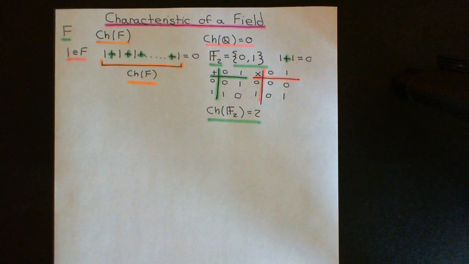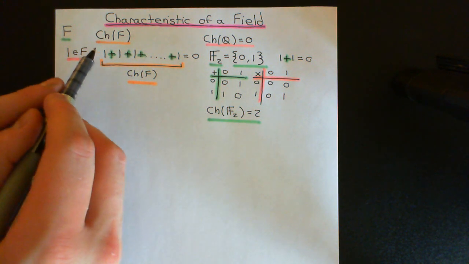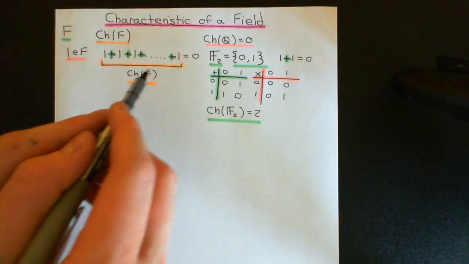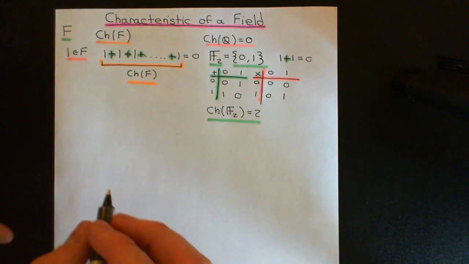Okay, so now what I want to do is introduce you to a little bit more notation that's going to be helpful for us when we're trying to prove a little theorem that's going to be useful concerning the characteristic of a field. So the way that people often describe this 1 plus 1 plus 1 a certain number of times is with a dot notation.